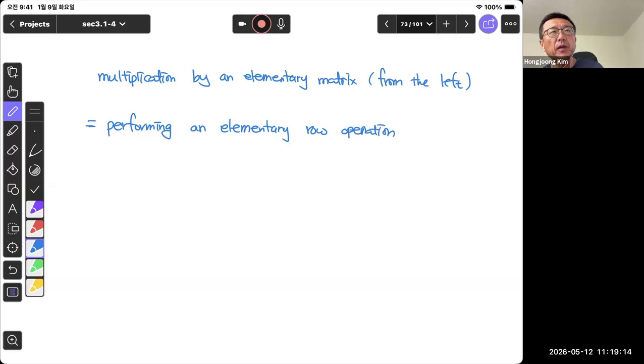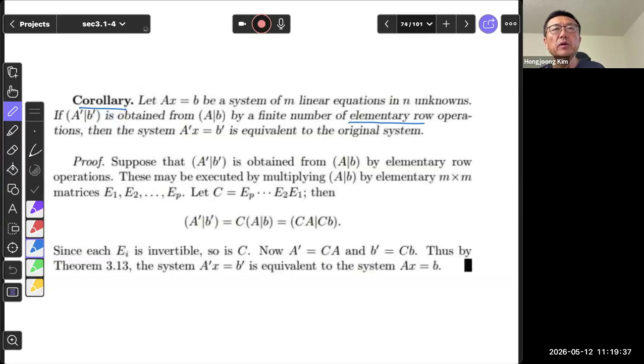If you multiply an elementary matrix from the right, that is equivalent to an elementary column operation. But if you multiply any elementary matrix from the left, which was the case in the theorem, that is equivalent to performing an elementary row operation to the system of equations. So the previous theorem can be said as follows.